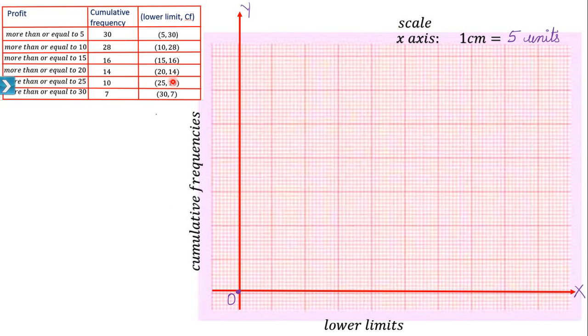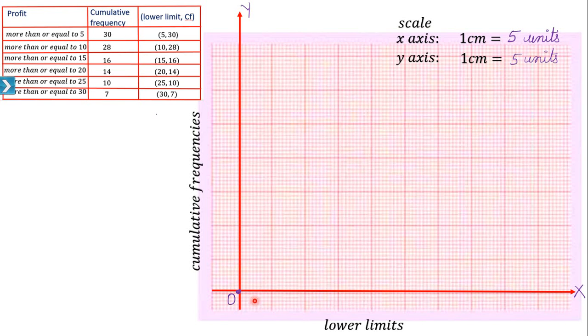So, we can choose a scale 5, 10, 15, 20, 25, 30. So, let y axis 1 centimeter is equal to 5 units. You can choose different scale for x axis and y axis, no need of taking same scale.